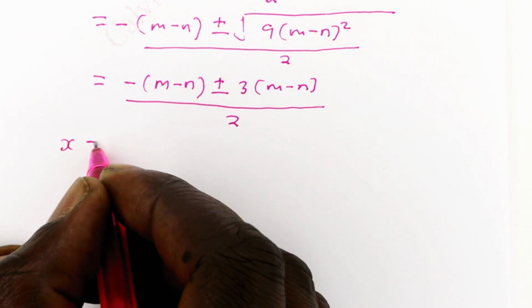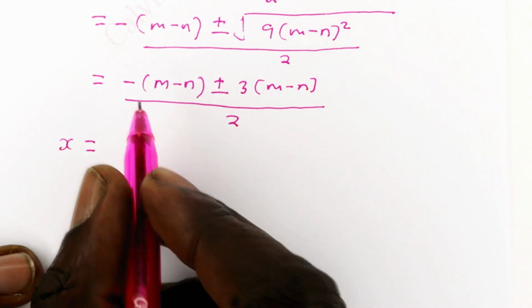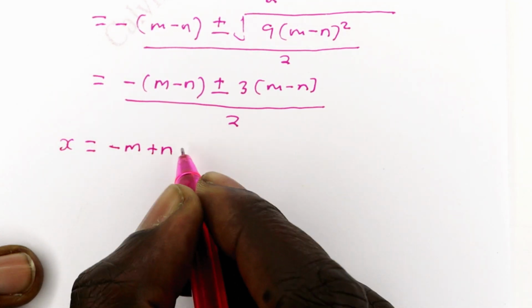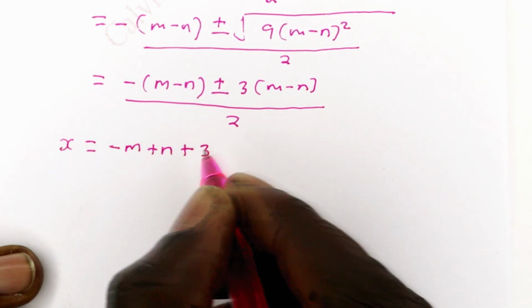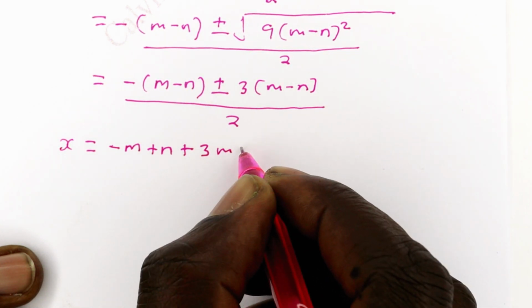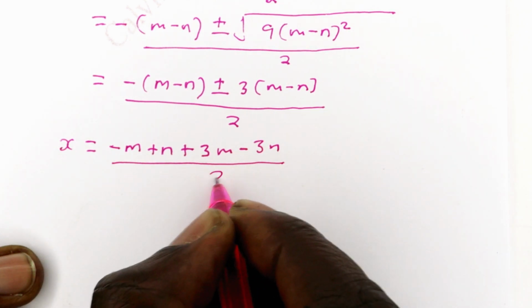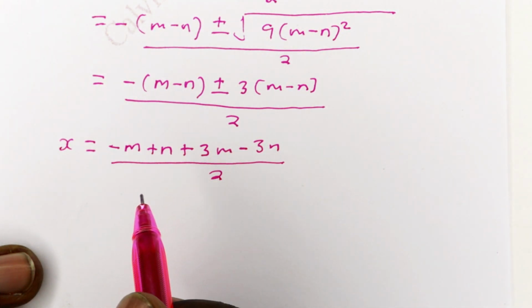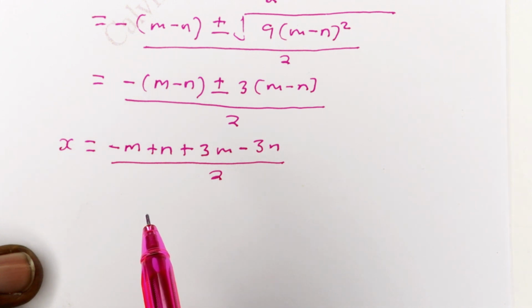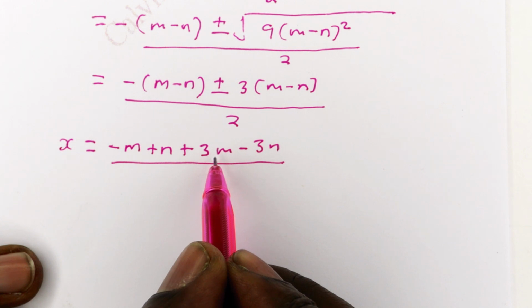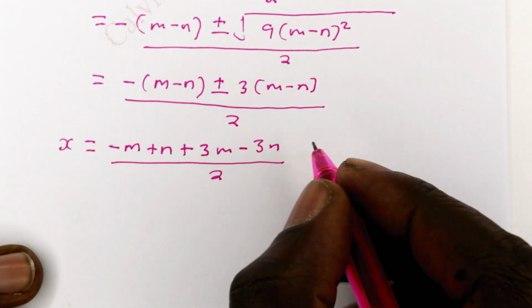The first instance is when we consider this to be a plus. So we open up this bracket, we're going to have minus m plus n plus 3m minus 3n, and that is over 2. So it is just a matter of collecting the like terms here. We have minus m plus 3m, that will give us 2m.